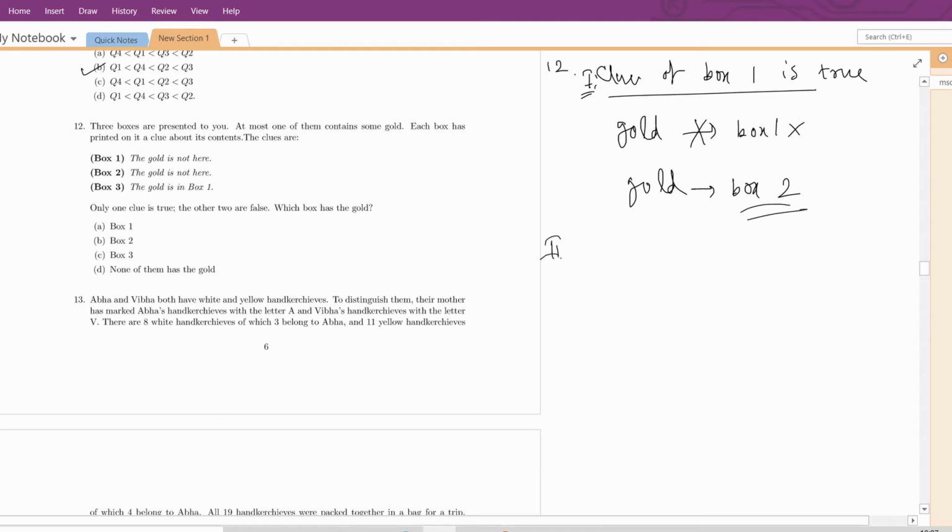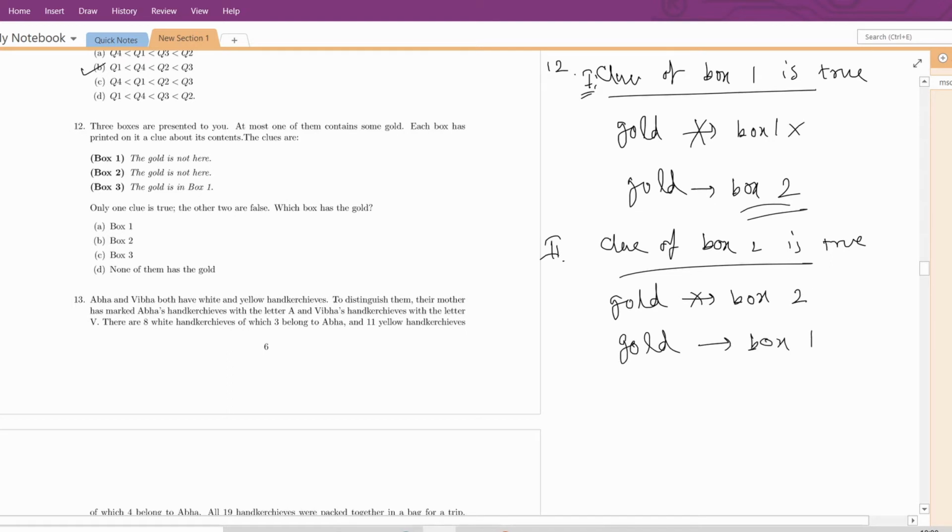Now the second case, suppose the clue of box 2 is true. Then box 2 says the gold is not here, so the gold is not in box 2. Then box 1 says the gold is not here, but now this is false, so according to this, the gold is in box 1, but then box 3 says that the gold is in box 1, which is becoming true.